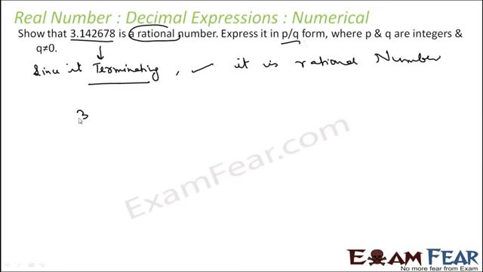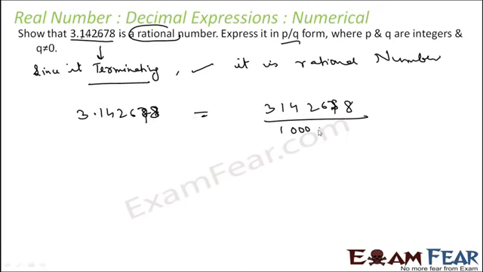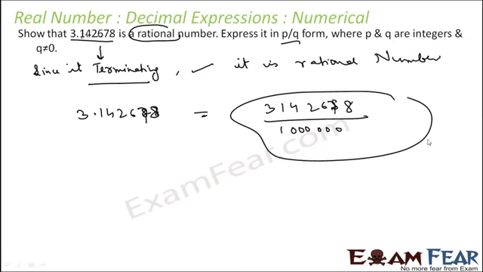If you want the p by q form, I can easily write 3.14268 as 314268 divided by 1 followed by 5 zeros, and that is my p by q form. Pretty easy.